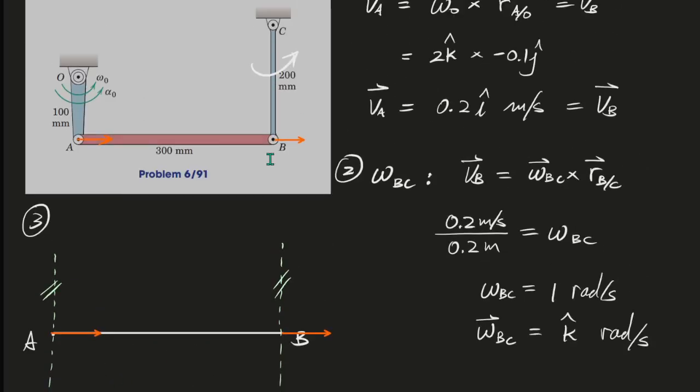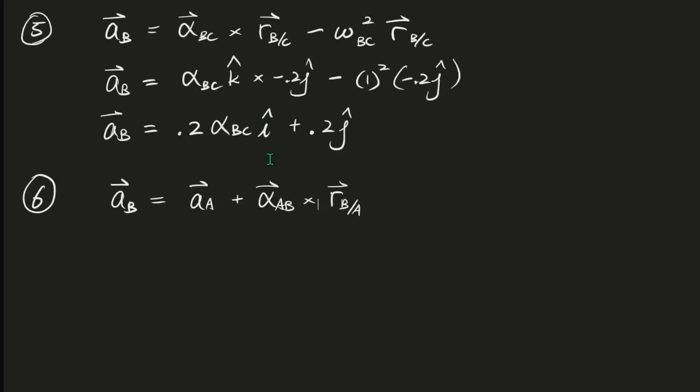That's the pink bar, perfectly vertical, perfectly horizontal. So let's get back to that. Minus omega squared of AB times R of B from A.